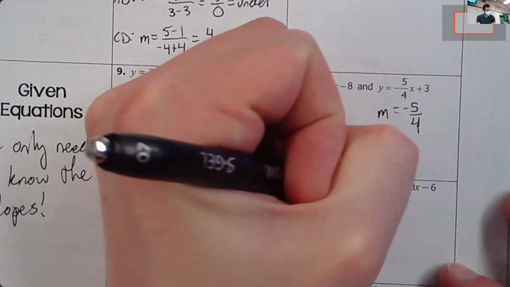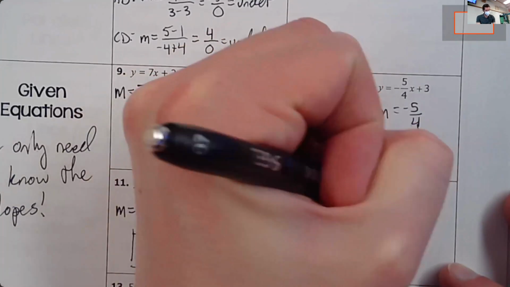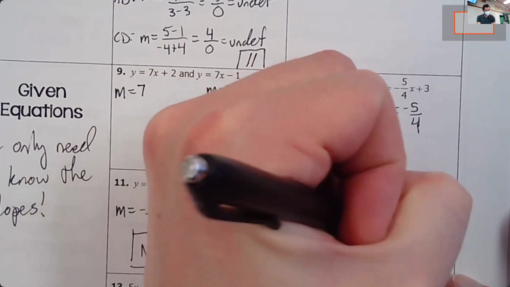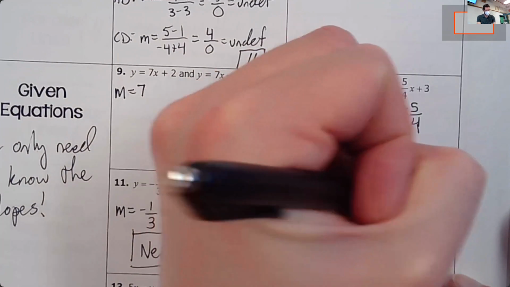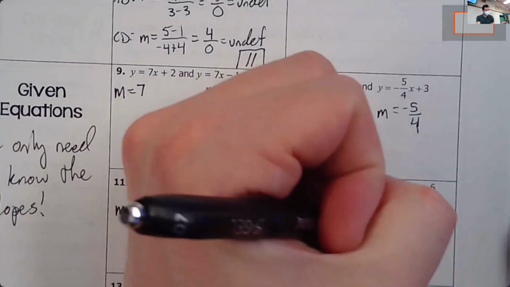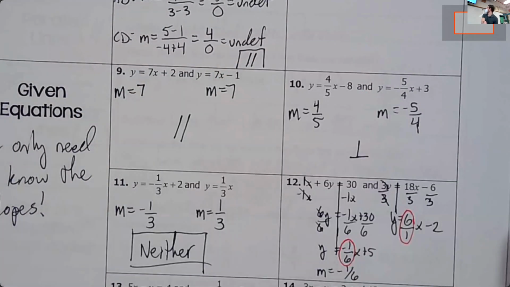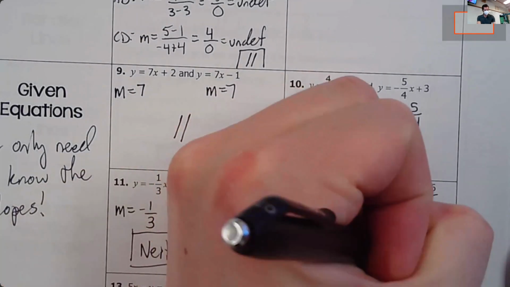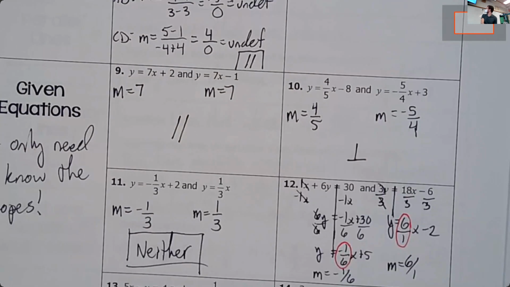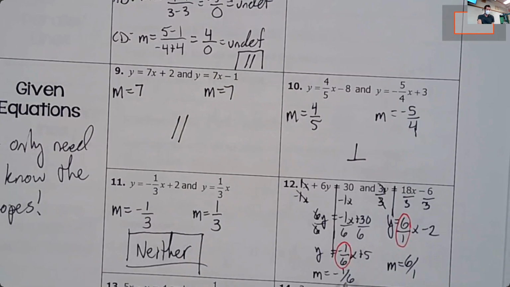So divide by 3 all the way across. And that will be y equals 18 divided by 3 is 6. So that would be 6 over 1x. And then negative 6 divided by 3 would be minus 2. Our slope of that line there is the number next to x. That's the 6 over 1. So m equals 6 over 1. So here are the two slopes. Negative 1 over 6, positive 6 over 1.